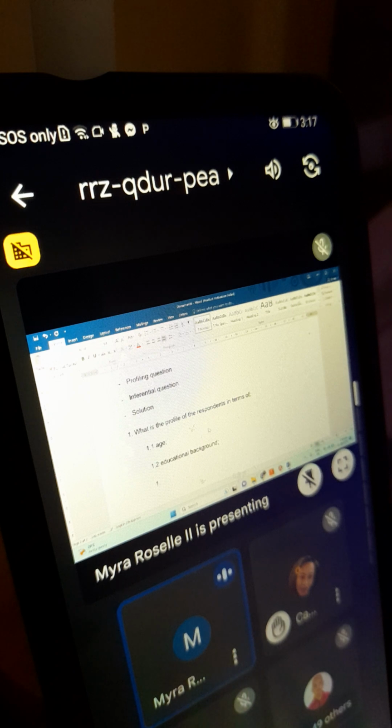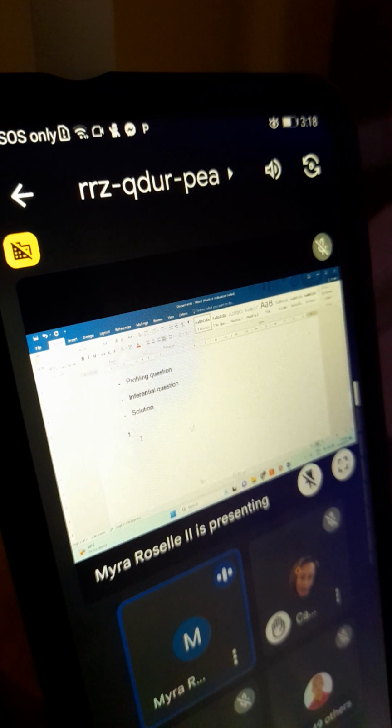It should be aligned. Just three items, and 1.3, income, if income is relevant or significant to your study. Okay, so: What is the profile of the respondents in terms of age, educational background, and income? That is the profiling question.